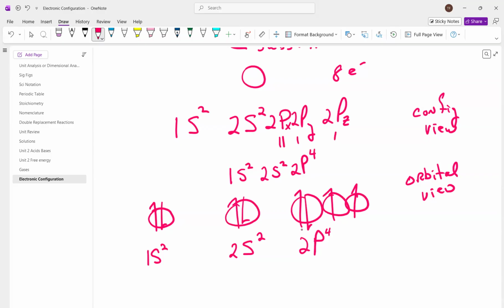What about nitrogen? 7 electrons, so 1 in the subshell X, 1 in Y, and then leave Z blank? Not blank, only 1, because you put 1 in each one first. And then the leftovers, you start pairing them up.